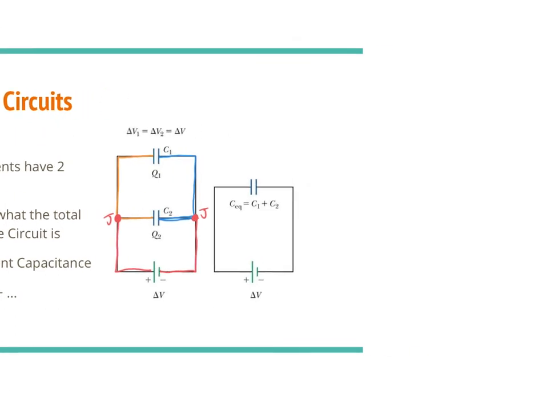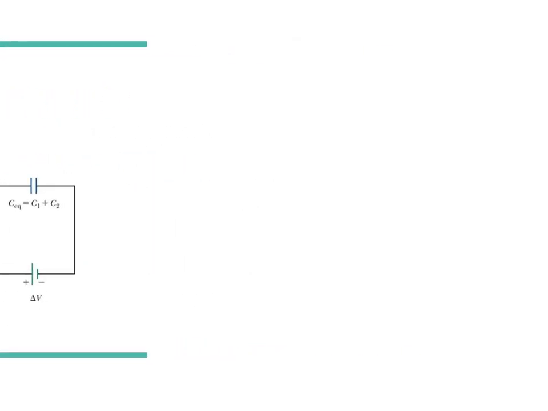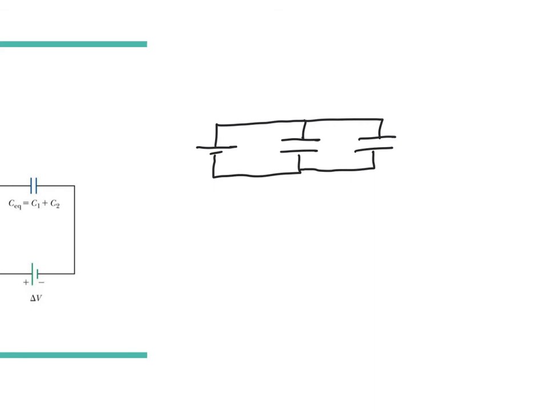I'm going to redraw this sideways. Battery, capacitor, and capacitor. Looking at this circuit, I see loops in a bunch of different ways. I see a loop here that says that the voltage across the battery and the voltage across the first capacitor must be equal in value.